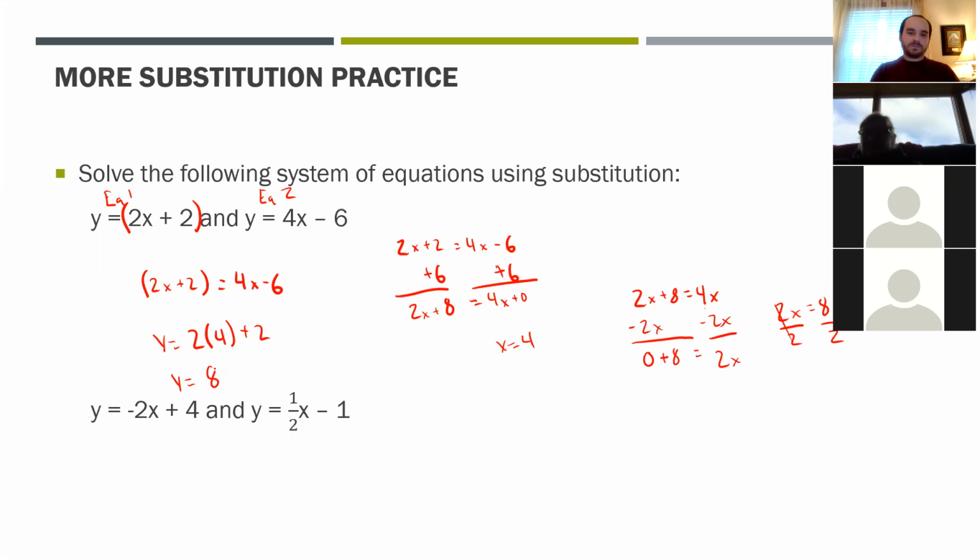Yep, 8. So now we have 8 plus 2, and 8 plus 2 is 10. Good. So x equals 4, y equals 10. That means our answer is the point 4, comma 10.